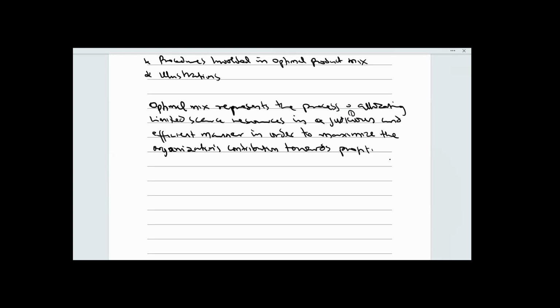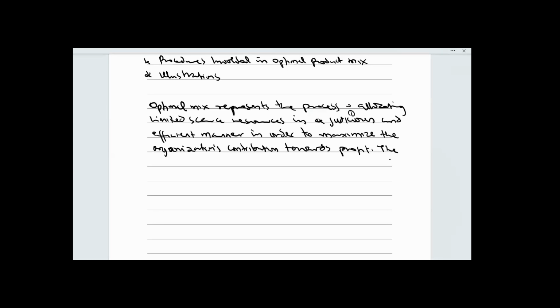However, it should be noted that optimal product mix is used when there is only a single constraint. When there is only one constraint is when you use optimal product mix decision for the purpose of allocating limited scarce resources. So let's put it down.